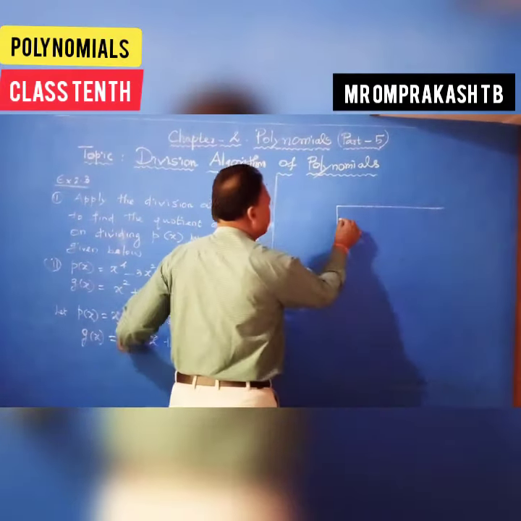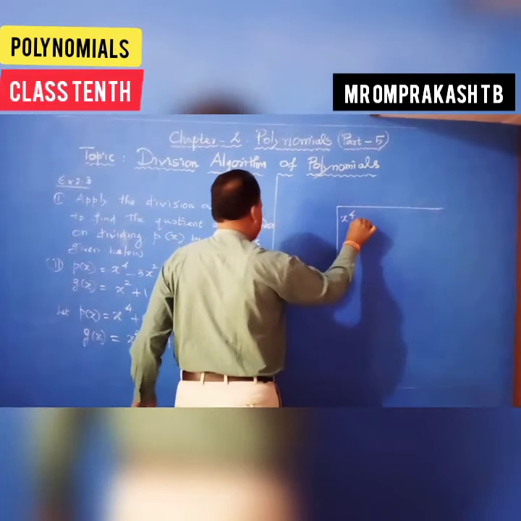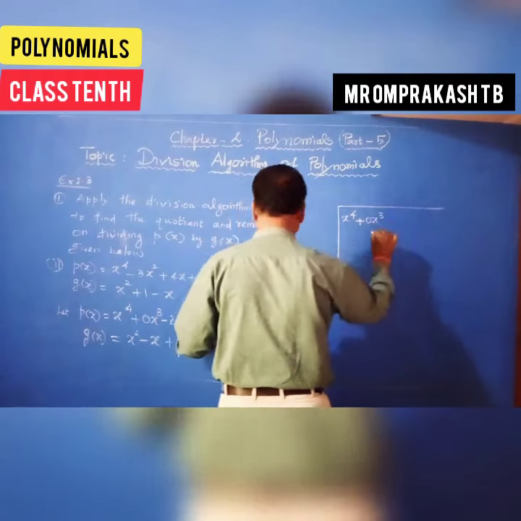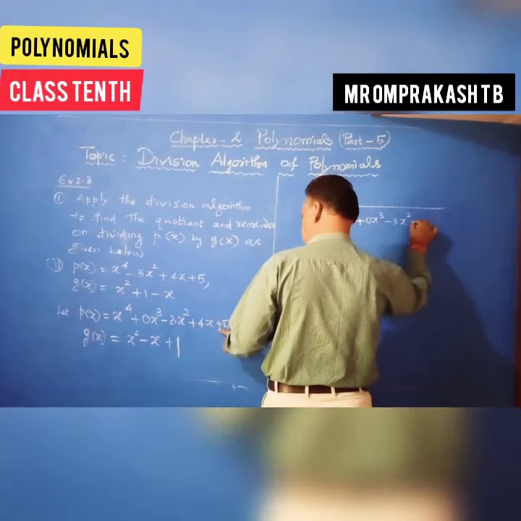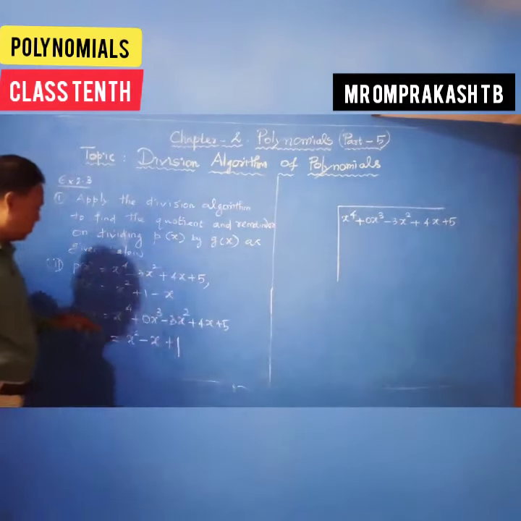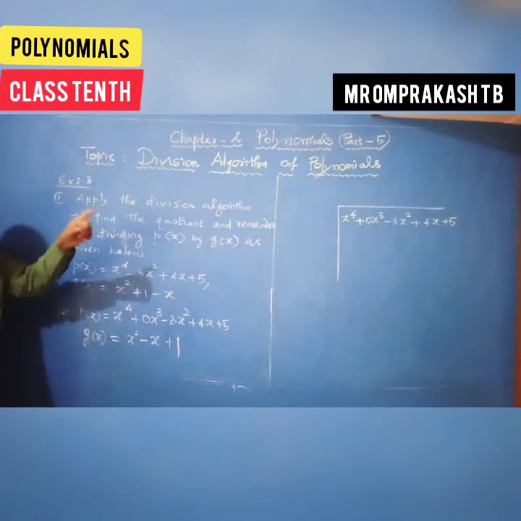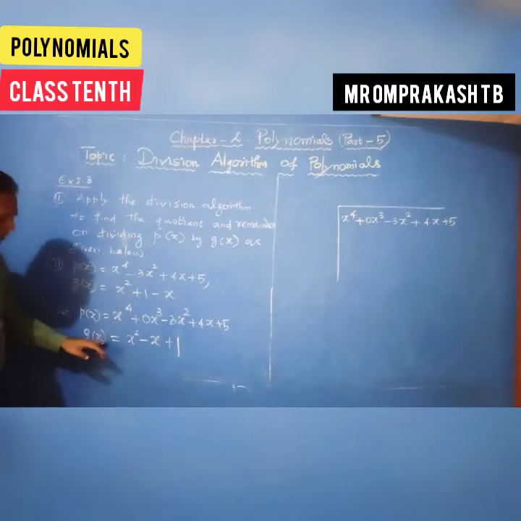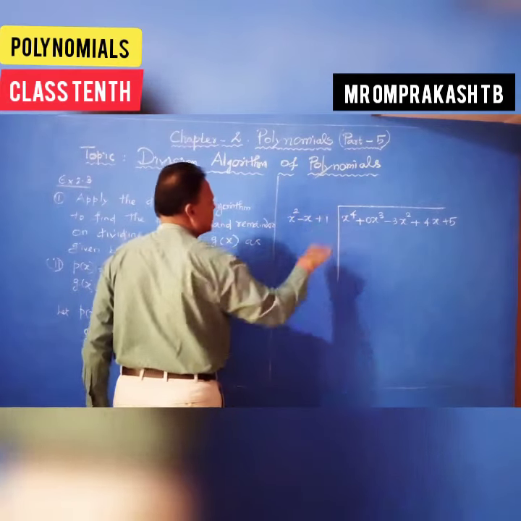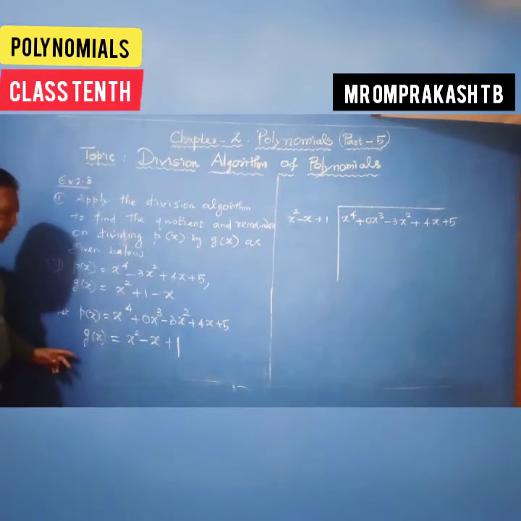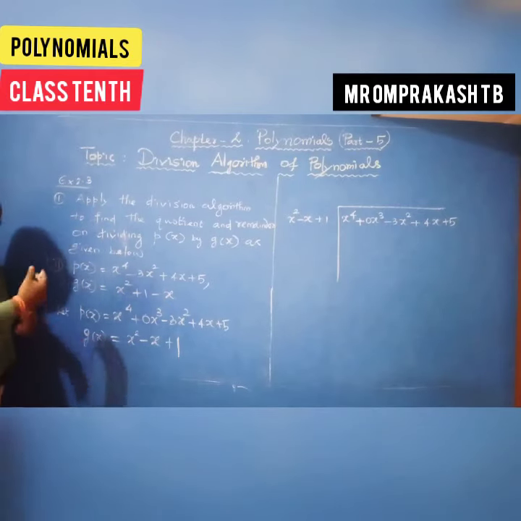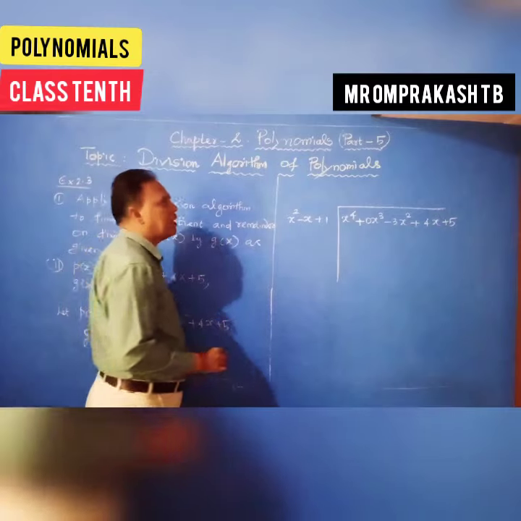First write this polynomial, that is x power 4 plus 0x cube minus 3x squared plus 4x plus 5, the highest degree polynomial, inside, then write the divisor x squared minus x plus 1. Understand, this is very important. You have to write in the standard form so that we can easily divide.